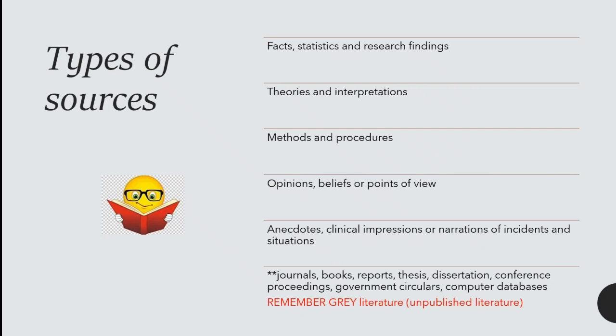So when we look at facts, statistics, and research findings, these we will typically then find in journals, books, reports, thesis, dissertation, conference proceedings, and then potentially, if we're going to look at policies or government circulars, computer databases, but also very important to remember grey literature, and that refers to unpublished literature.